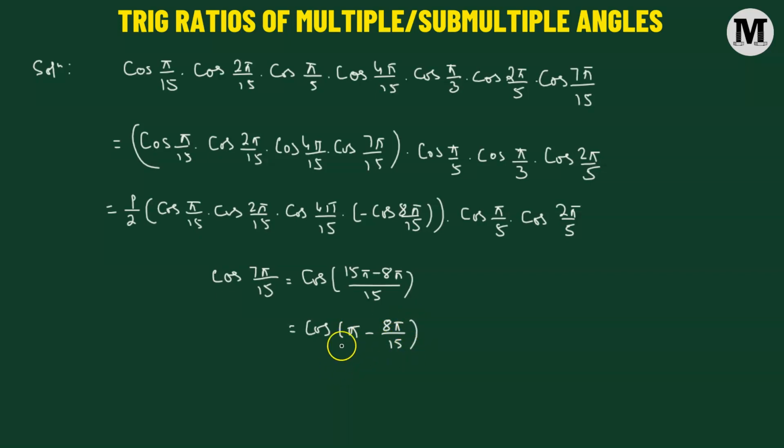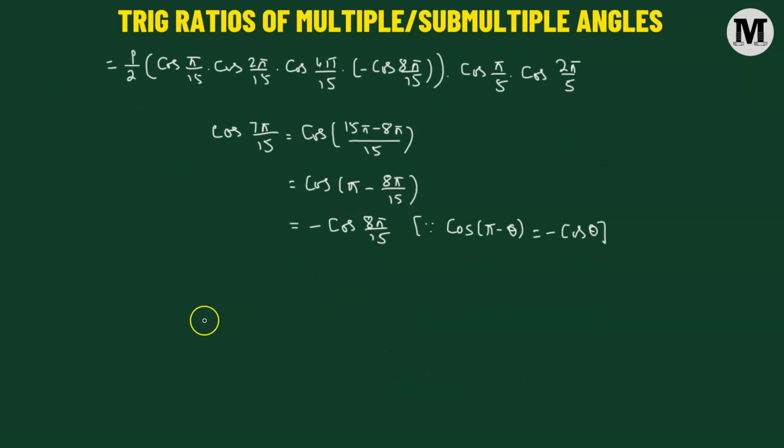Now we know for a fact that cosine of pi minus theta corresponds to negative cosine theta. So here theta is 8 pi over 15. Here we have used the fact that cosine of pi minus theta will be equal to negative cosine theta, and that's the reason why we have replaced the value of cosine 7 pi over 15 with negative cosine 8 pi over 15. So let's rewrite our expression.